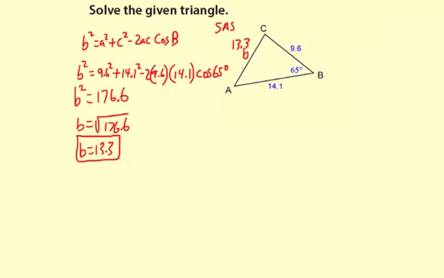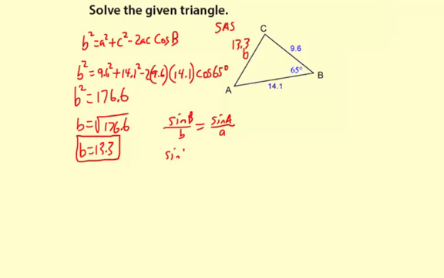Now we need to solve for another angle, but this time we can use the law of sines. We know the 13.3 and 65 degrees for B, so that's going to be one of the ratios we'll use. So sine of B over side b equals, and let's just go ahead and solve for A, sine of A over side a.